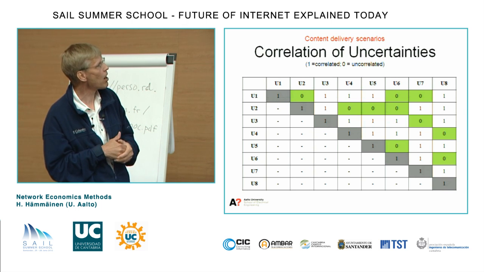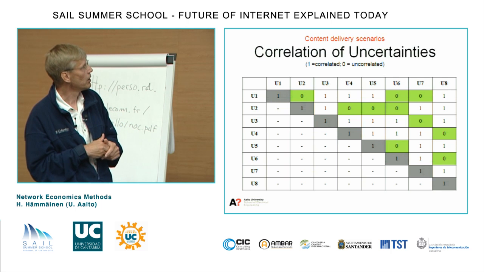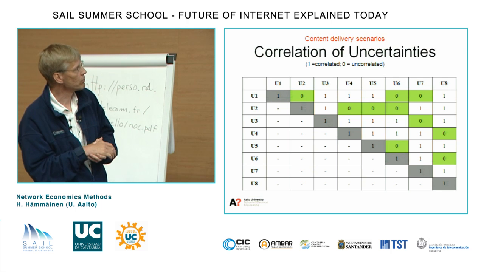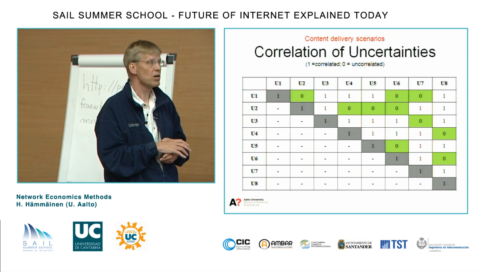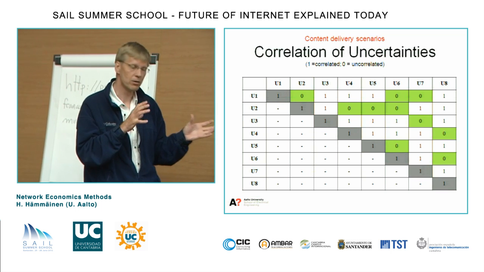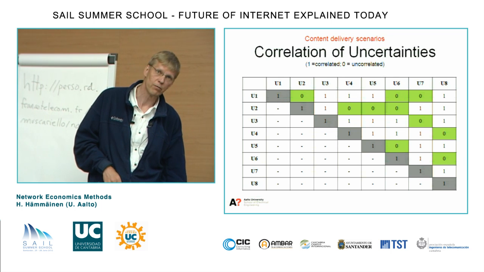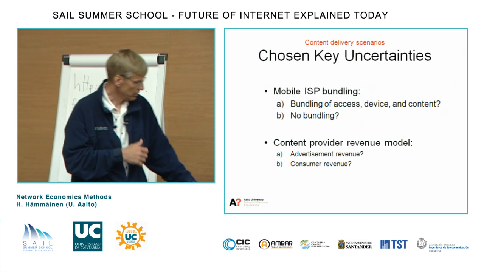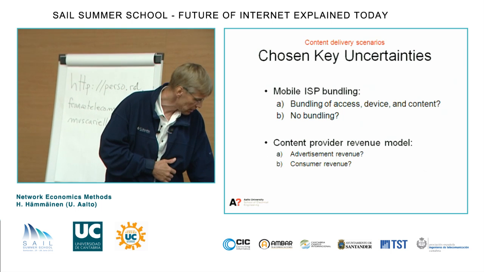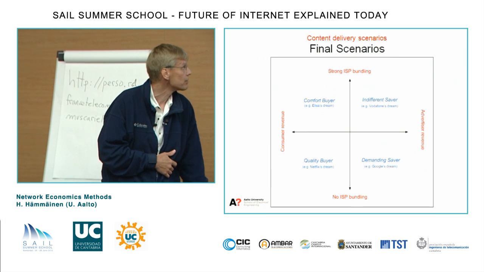So less than half of the starting point. But then it comes back to, let's say, good judgment to figure out which uncertainties help you best towards the research questions. And here I already mentioned these are the two that were picked in this exercise.